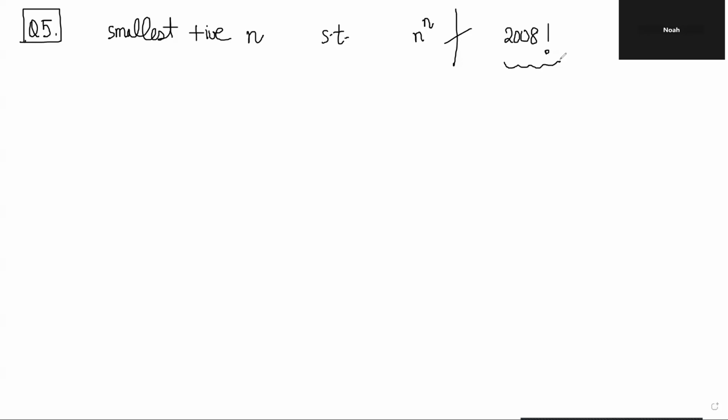So that's the same as saying, finding the number where the VP of n power n should be less than or equal to the VP of 2008 factorial.